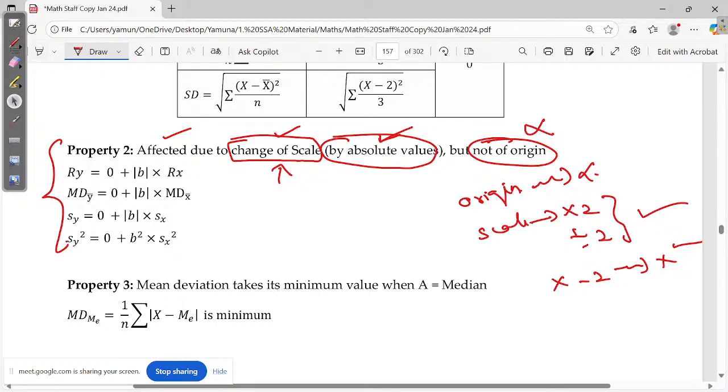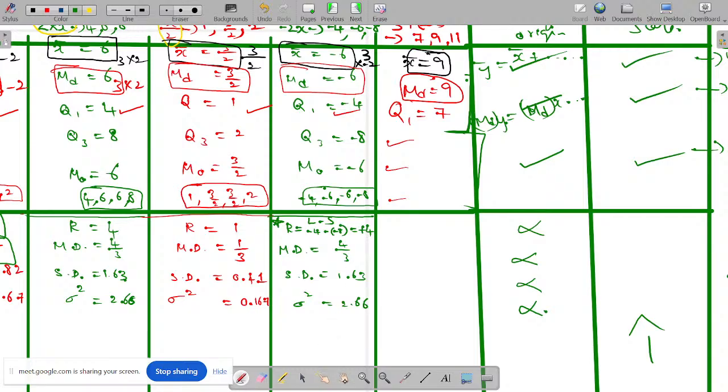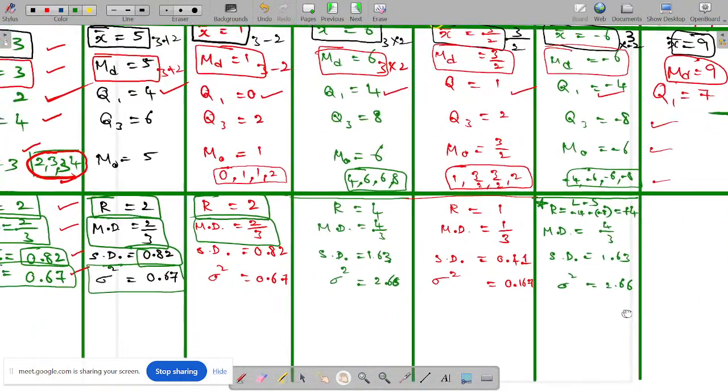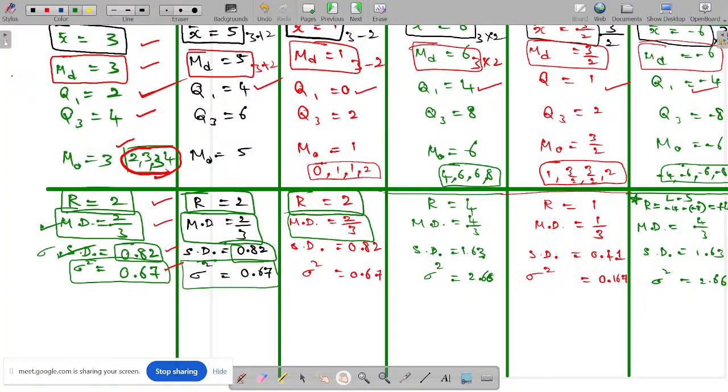Shall I go for the third case? Remember, this is the first case, second case. Let me write it over here. We added 2, right? This, I subtracted 2, right? What I'm doing here is multiplying by 2. It's a positive value, so no issues. What is R? Original R is 2.